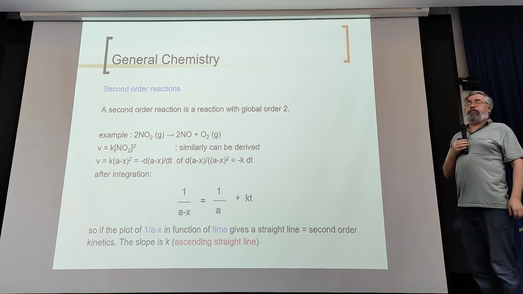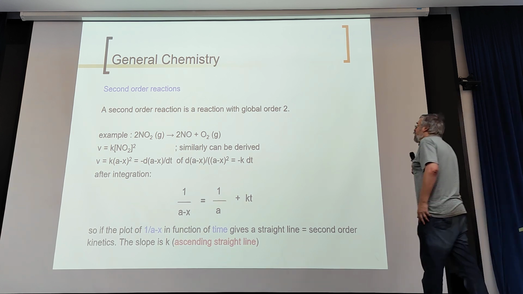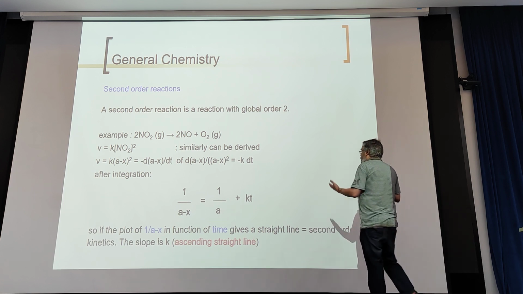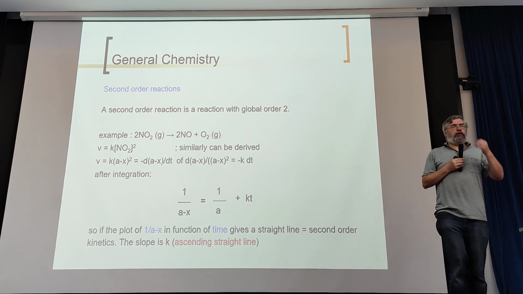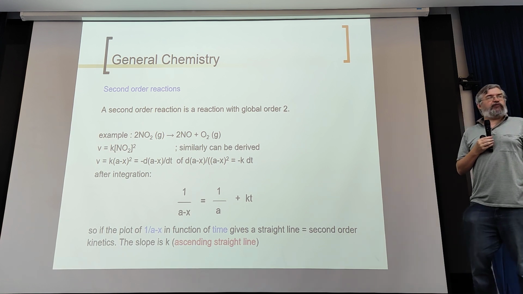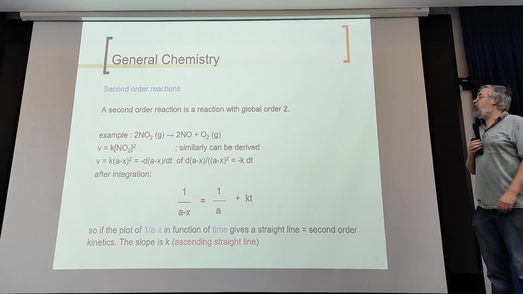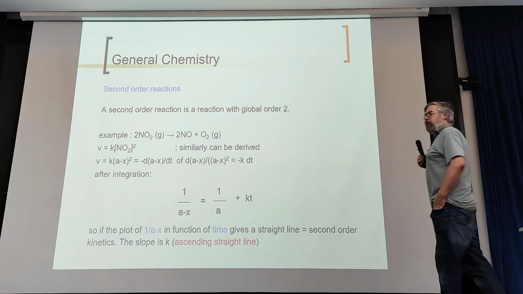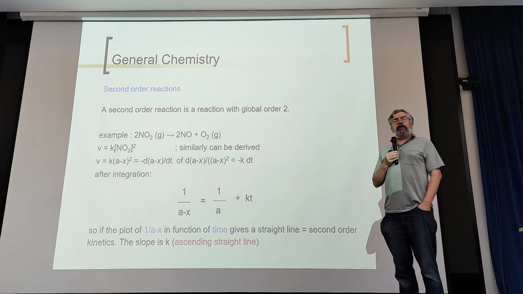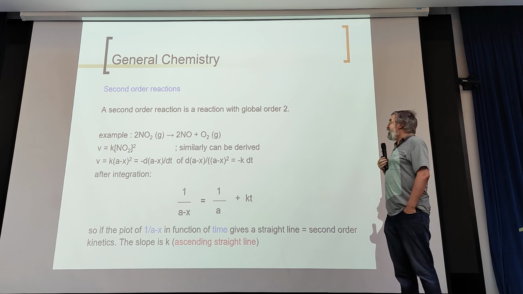What about second order? We can make a similar mathematical treatment. And again, I won't go into the details of the mathematics, you can just assume it. So there's an example also here where NO2, nitrogen dioxide, is being converted into NO and O2.